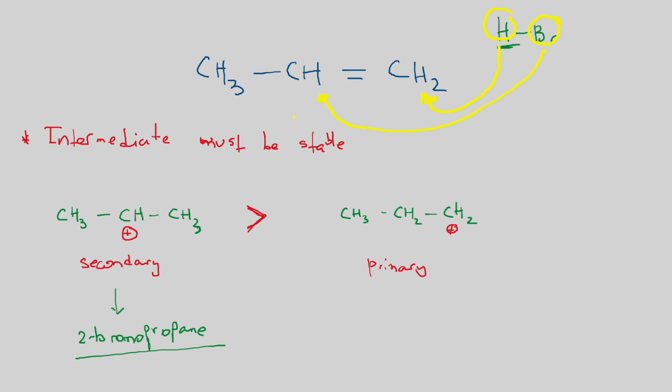So bromine goes to the second carbon, that's why the major product is 2-bromopropane, and 1-bromopropane consequently is the minor product. 1-bromopropane is formed from this primary carbocation. So don't get confused: major, minor products, and Markovnikov's rule.